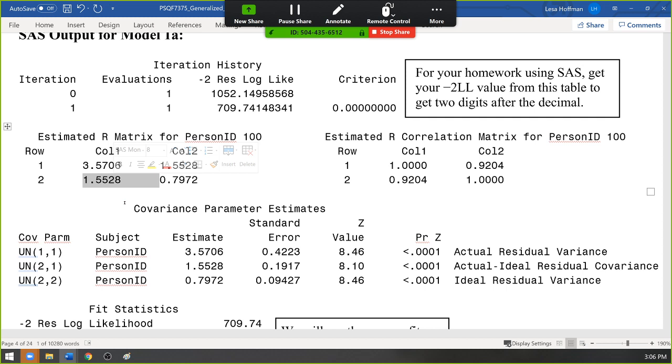There is a workaround that you can use. It is a random intercept. Those of you who've had multilevel modeling with me will be like, what? It's back. Yeah.